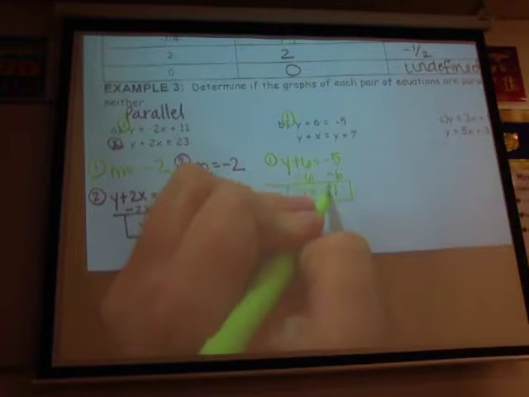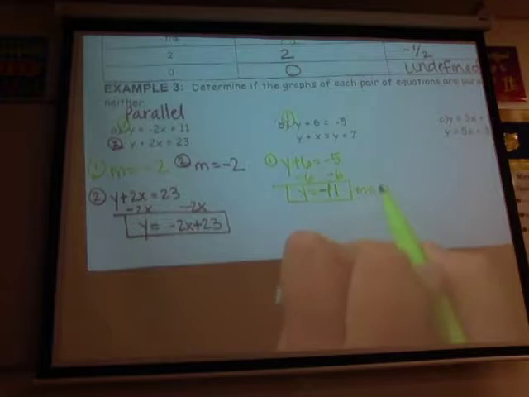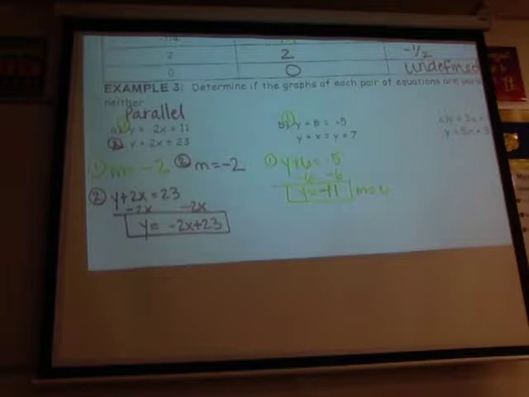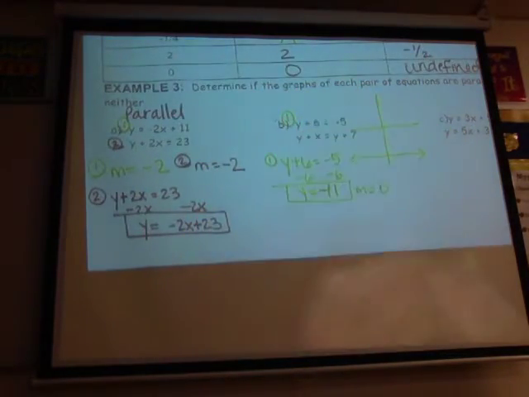My slope is 0. Y equals a number, your slope is 0. If you can't remember, you could plug that into your calculator in y equals and it would come out as a flat horizontal line. If you want to just do something different, you can just do a quick sketch of about where it might be on a graph. And that's perfectly fine. I'm not looking for it to be perfect.